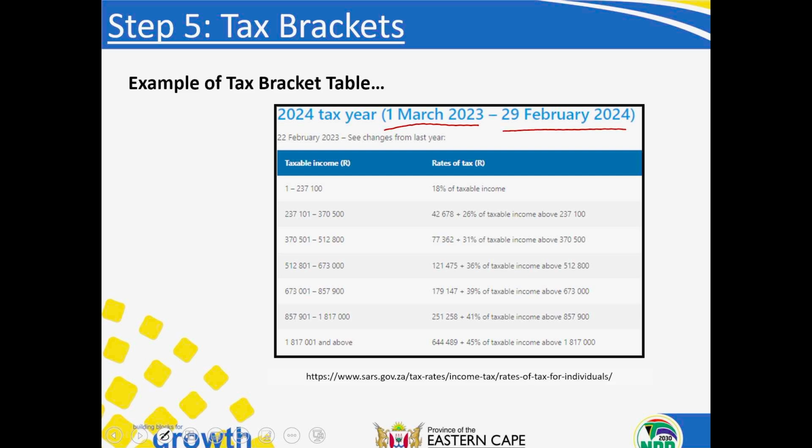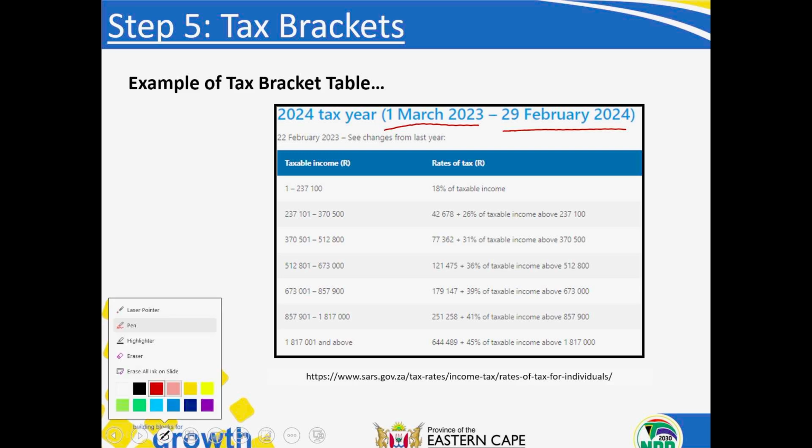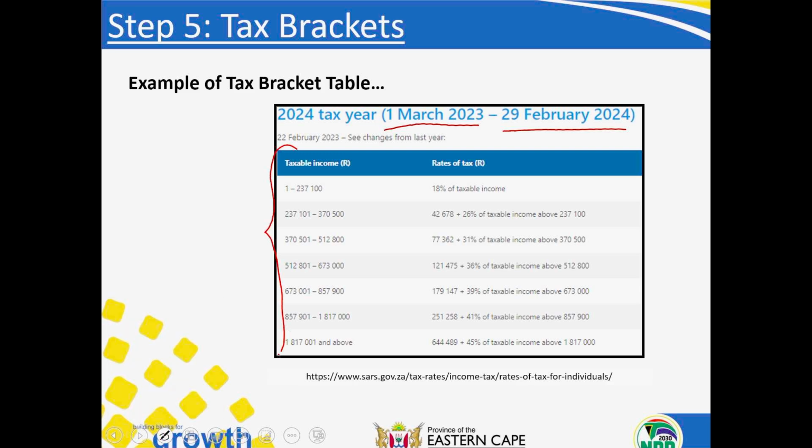The first column is where we would find a tax bracket. Even though they are not numbered, you could go ahead and number these yourself. For example, 1, 2, 3, 4, 5, 6, and 7. So in total, this tax bracket table has 7 tax brackets.